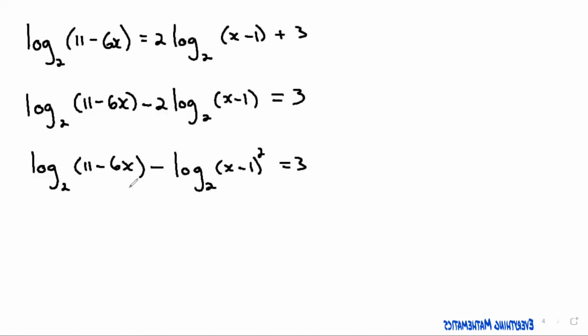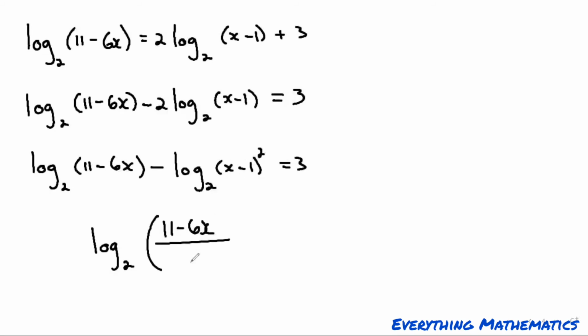And now I could apply rule 2 because we are finding the difference of 2 log entities and they have the same base. So this is the same as, really and truly, log 2. Remember, this one becomes the denominator. Let me put it as a fraction. So we have 11 minus 6x all divided by x minus 1 all squared.